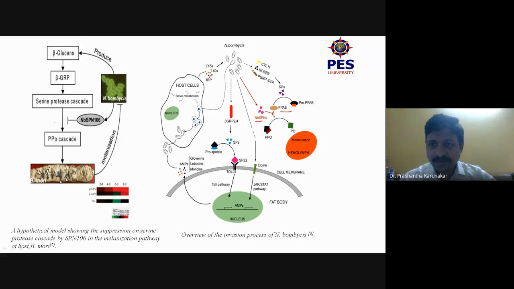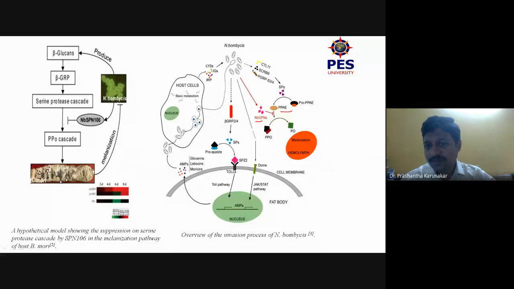The organism is going to die. Just to show you the same thing here, this is the typical procedure. Beta glucans bind the beta glucan recognition proteins. This will generate the serine protease cascade, then the PPO cascade, and then the melanization process is going to happen.